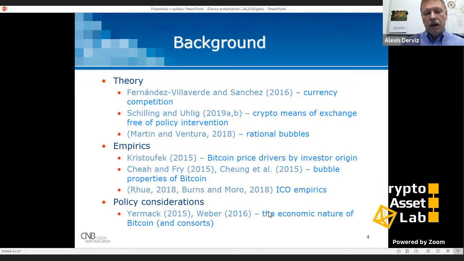And there are some fledgling papers on policy, although in recent times most of the effort is concentrated on stable coins, not on first generation currencies as such.